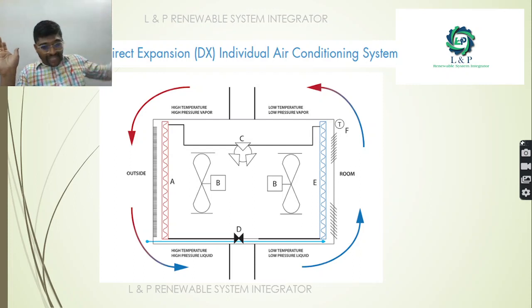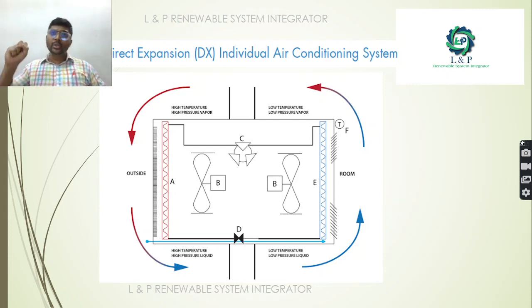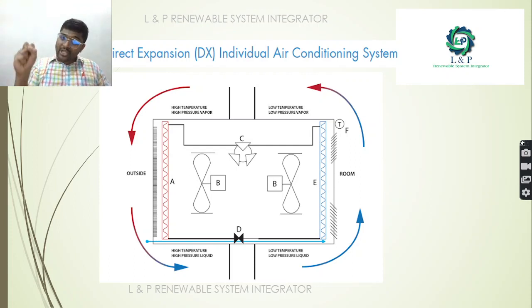Inside, they will take fresh air again. Because of this expansion valve process, once you send a high temperature liquid and we make a sudden expansion, because of the pressure reduction, the temperature will get reduced.